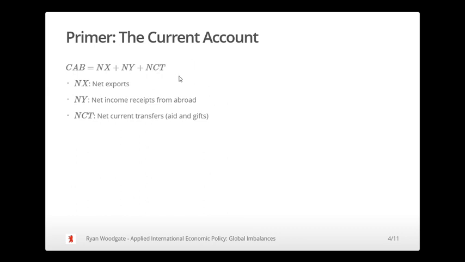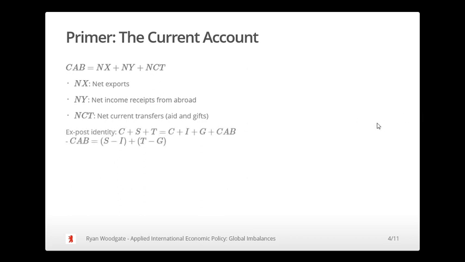A related but slightly different term is the net current transfers, which is typically the least significant of the three, but depending on the country, it might actually be quite important, especially in developing countries. Net current transfers are usually official aid, gifts, these sorts of development funds that are transferred across borders.